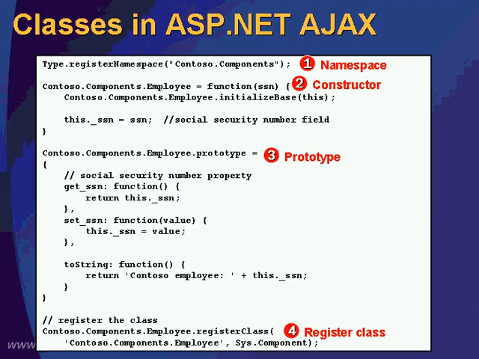And then you can optionally pass in a type that you want to inherit from. And as well, you can also pass in an array of interfaces that you want to implement. So just by adding a few extensions like creating a namespace, calling initializeBase, and then calling registerClass, we're going to get some pretty great functionality, including inheritance as well as interface inheritance. So we've really extended this model quite a bit.